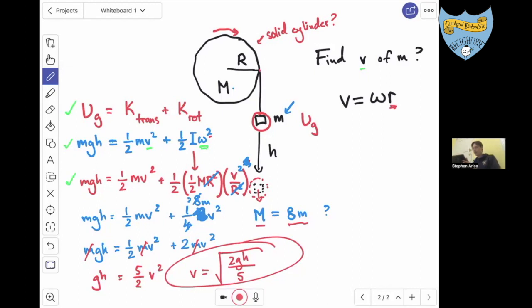Third line, depending on what they tell you, there will be some changes, like maybe it's not a solid cylinder. But pretty much every time you're going to do that step where you replace omega with v over r. Okay, and then from there, the particulars of the question take over and you solve for whatever you're supposed to solve for.